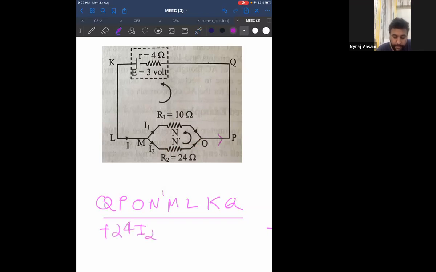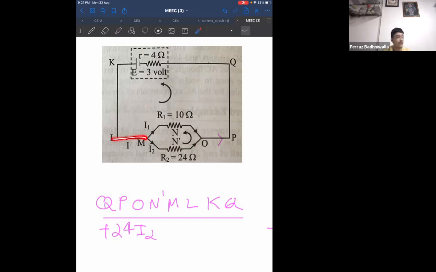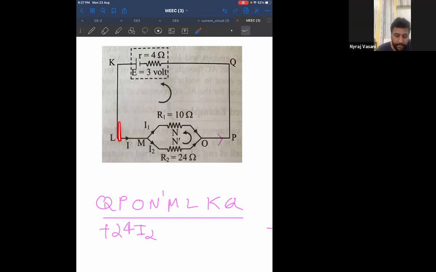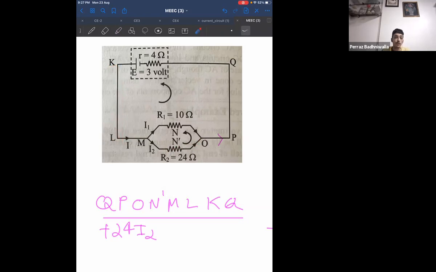Correct. Then M to N nothing. L to K nothing. And since you are touching the positive terminal of the battery, it will be minus 3 volt. And since you are going in opposite direction of the current, it will be plus 4.